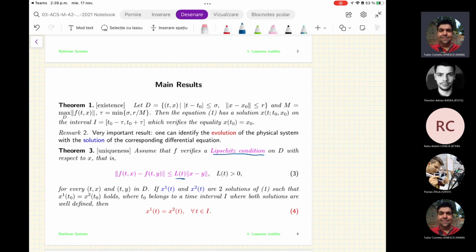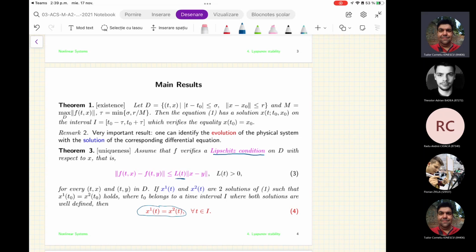Now, if this condition is satisfied, and if you have two solutions, x1 and x2, such that at the initial time both have the same initial value, then both solutions are well defined and they're actually one solution. So the solution is unique.